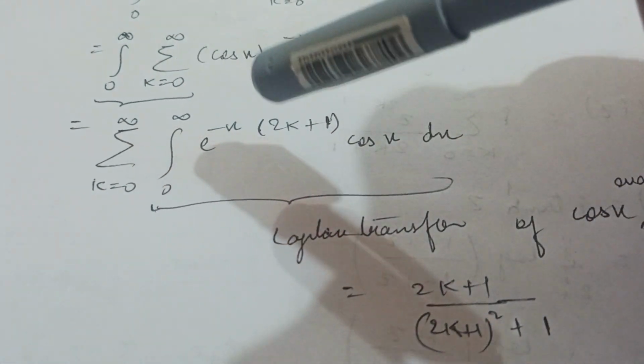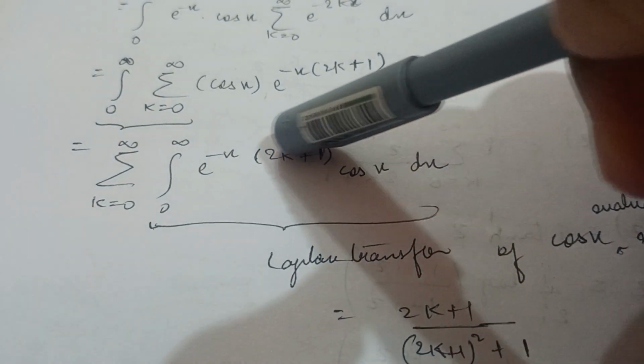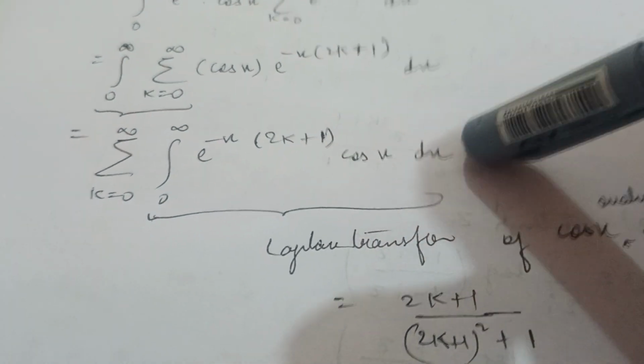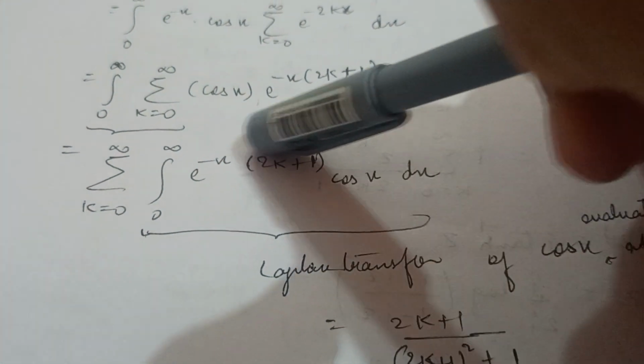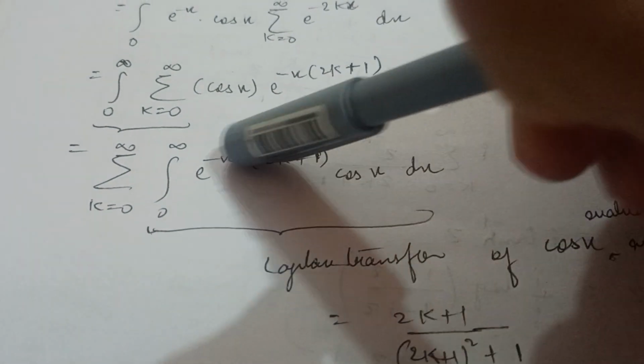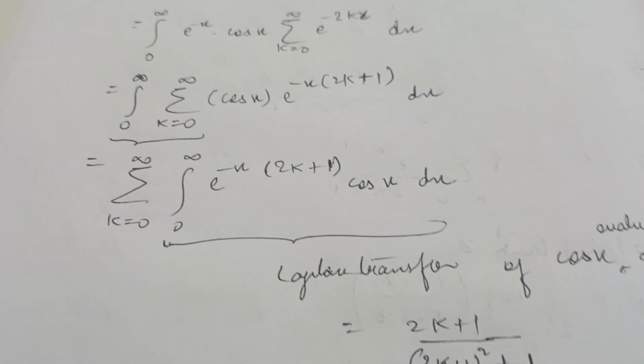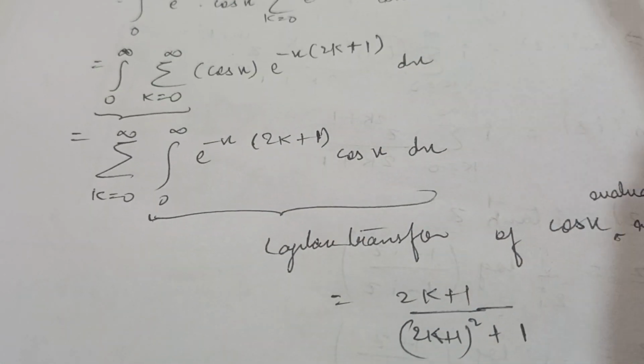After interchanging, we can see the integral of e to the power minus (2k plus 1)x cos x dx, and now if you are not aware of the Laplace transform, then you will not be able to get it, but this is the Laplace transform of cos x evaluated at 2k plus 1.